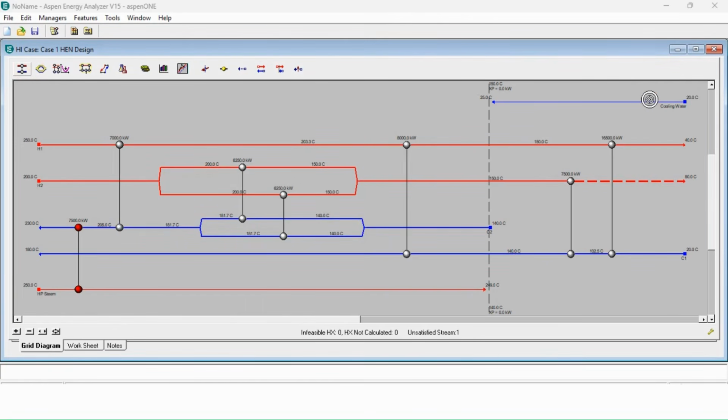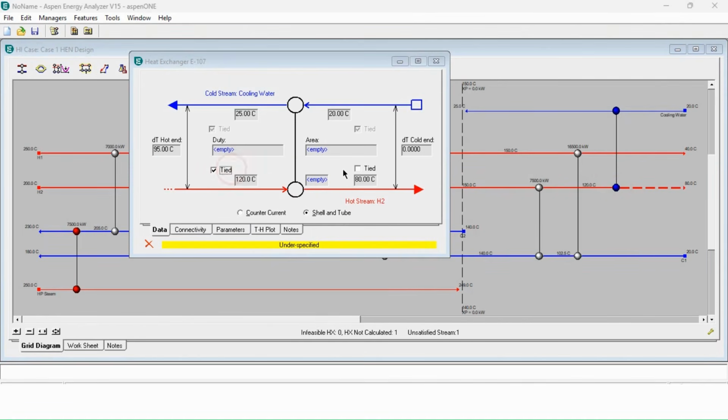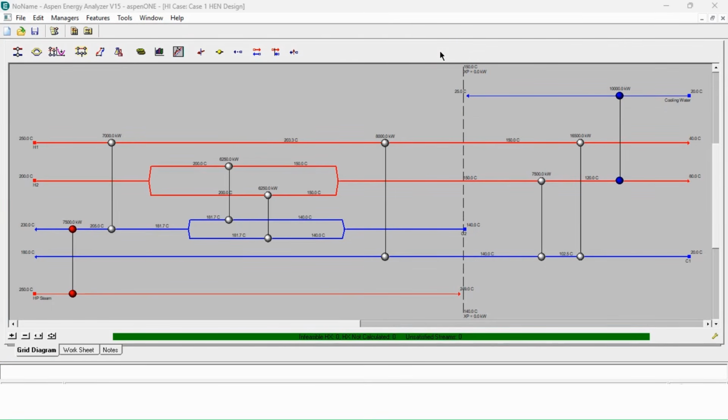So we do the connection here, and again we tie these. Calculations are okay, and you can see this whole network has been designed now without any error. We have applied the stream splitting principle where possible, and we have done the connections as well.